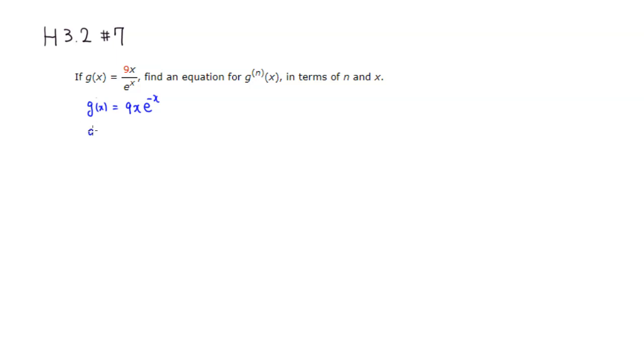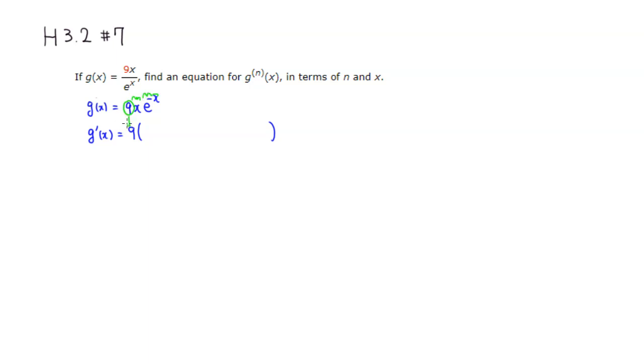First derivative, g prime of x. Since 9 is just a constant multiple, I'm going to put 9 in front and forget about it. Then we can take the derivative of these using the product rule. This is our first guy, this is the second guy.